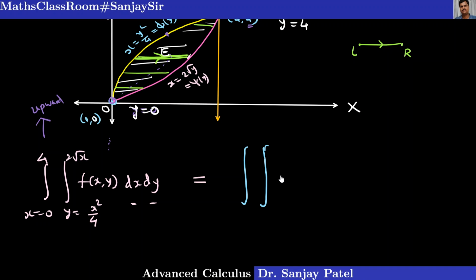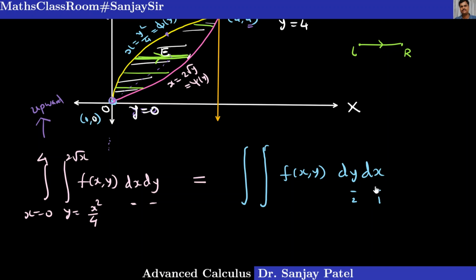And the function f of x comma y, we want to integrate with respect to x first, and then with respect to y. The order will come like this: dx dy. So first with respect to x and then with respect to y.